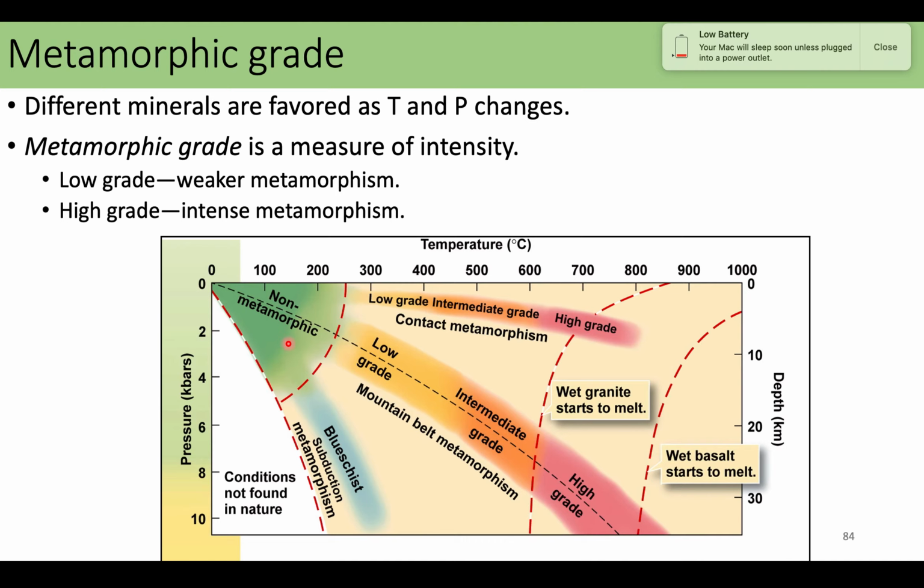It is going to start as a low grade, like a shale, like a slate, and then it's going to increase in metamorphic grade. So that rock will go from a slate to a phyllite, a schist, to a gneiss. So you can't just start right at a gneiss because the rock must increase in temperature and pressure. So it will actually move through all of the grades of metamorphism.